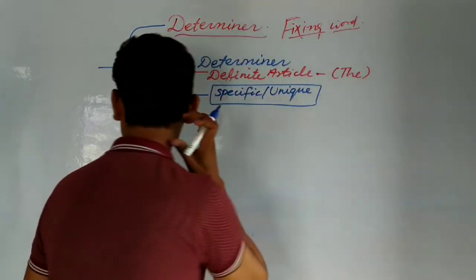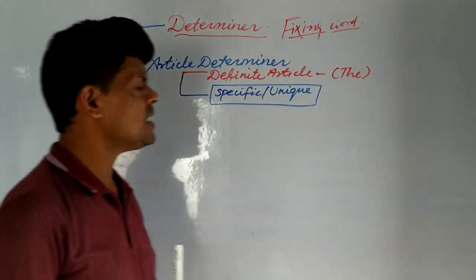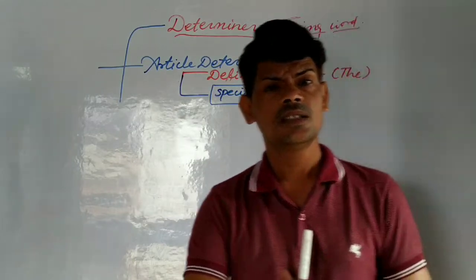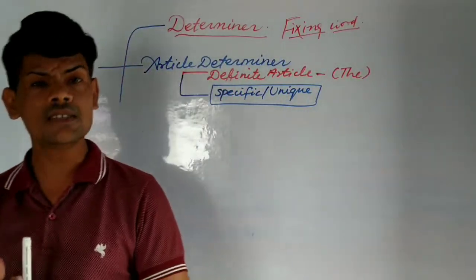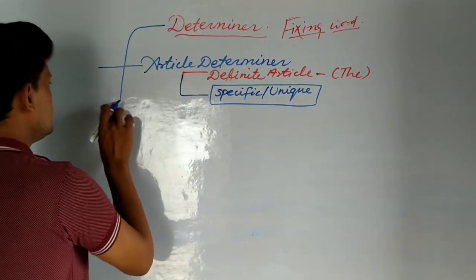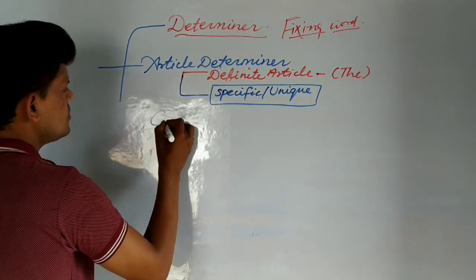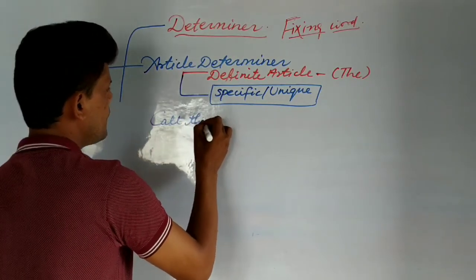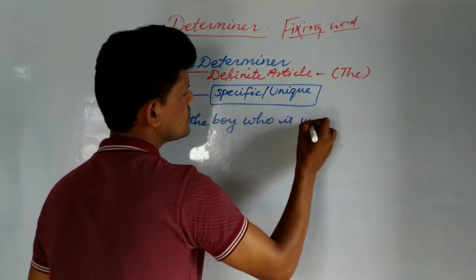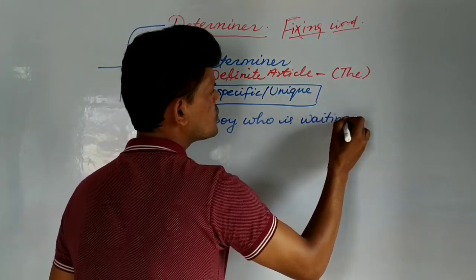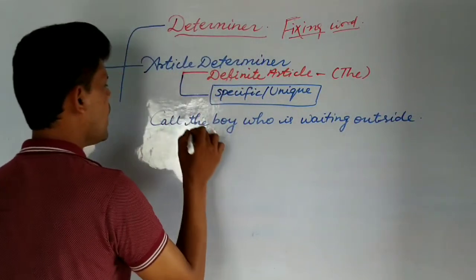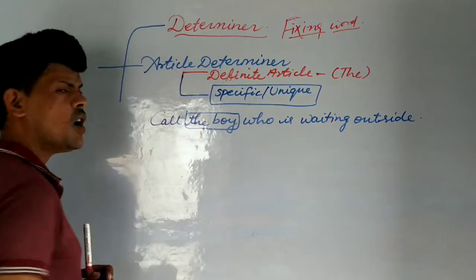Also we can use definite article before the words which have already been mentioned in the statements. Okay? Like, call the boy who is waiting outside.